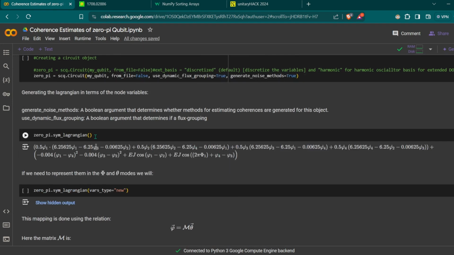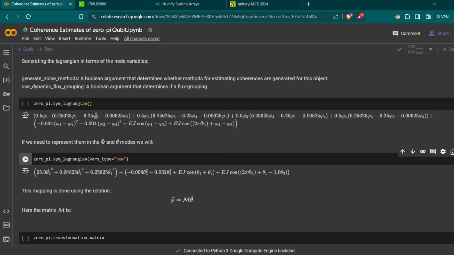Using this sim Lagrangian method, it gives the Lagrangian in respect of the nodes which are present in the circuit. And if we want the Lagrangian in terms of phi and theta, we can change it by using this parameter, that is vars type equals new. If we write that, then we'll get it in terms of theta and phi, which are basically the general terms.